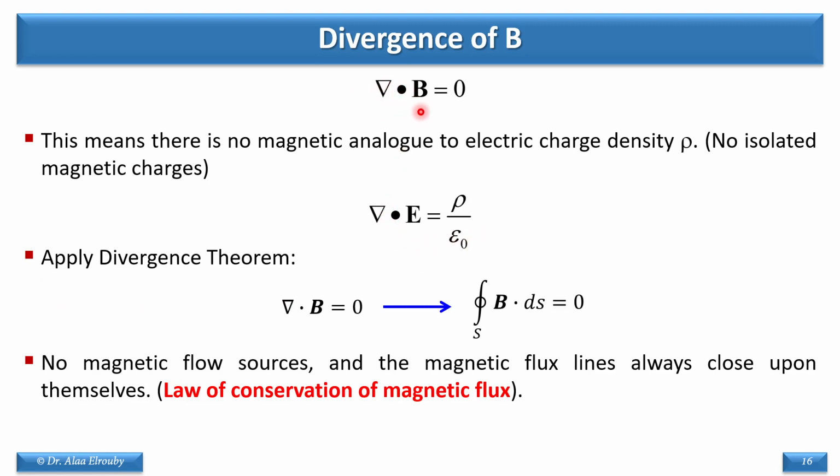So if we have divergence of B equals 0, we can say the integral form of it, B dot dS equals 0 over any closed surface, and this is called the law of conservation of magnetic flux, which means that magnetic flux lines always are closed lines.